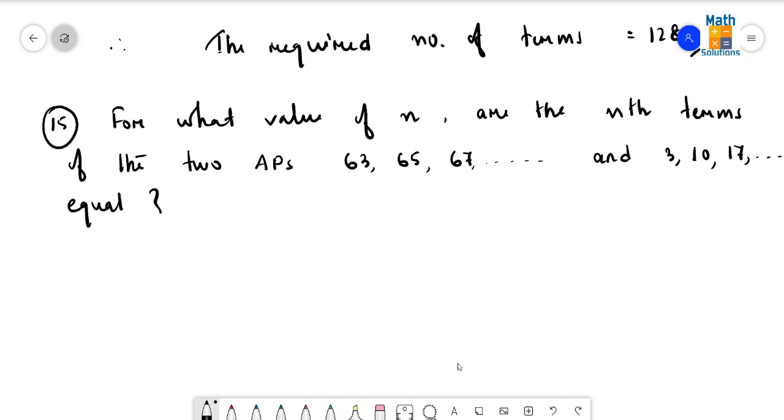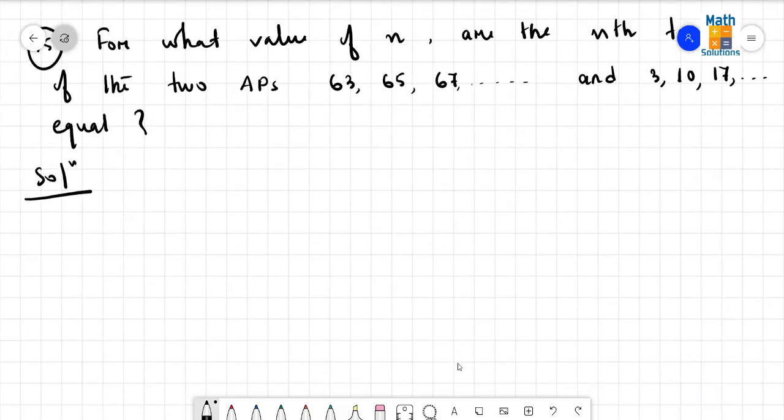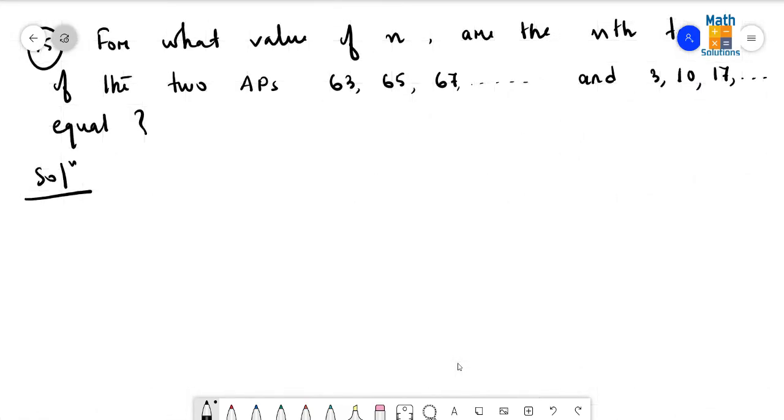So in this case, coming to the solution part, we shall find out the nth terms of both the series separately. For the first series, the first AP is 63, 65, 67, that goes on.